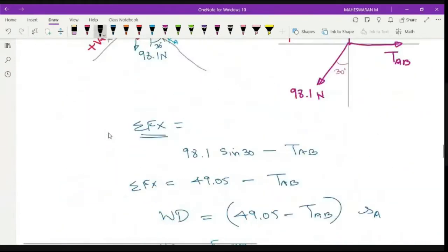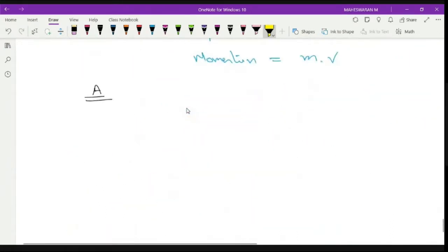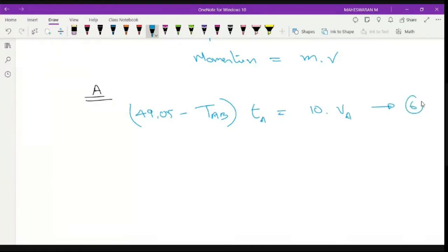I will identify this one, so I will highlight it. So this one I have to consider. So if I want to consider this, which means 49.05 minus TAB into T is your impulse. Momentum is M, mass is 10, and V is VA, so 10 VA. This is my equation 6.